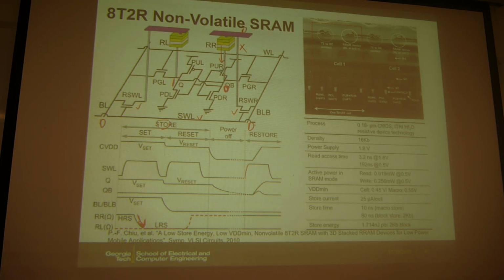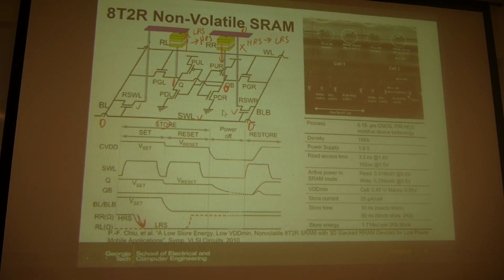But the RL, you see here, 1 and 0, so current will flow this way. You see this bidirectional current. So this RR is going to, as we discussed, have this transition. Then this RL will have a low resistance state to high resistance state transition. Right. So then you finish the write operation to the RL.